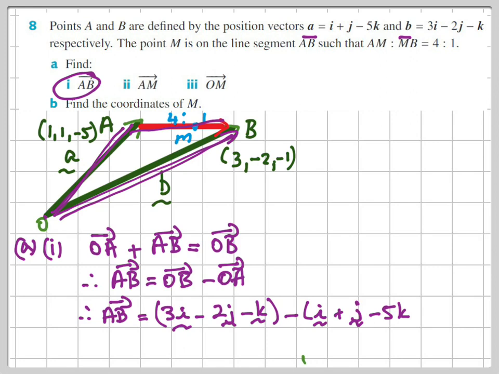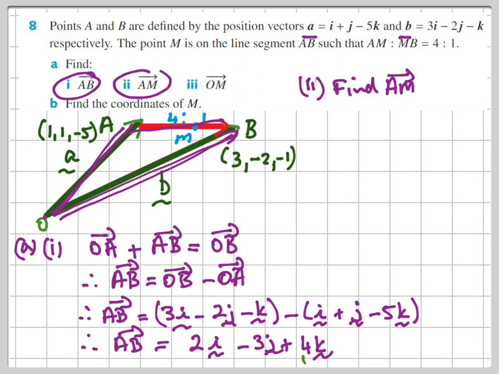Okay, so therefore, simple expansion of brackets and collecting like components, we've got AB is going to equal 2i minus 3j plus 4k.